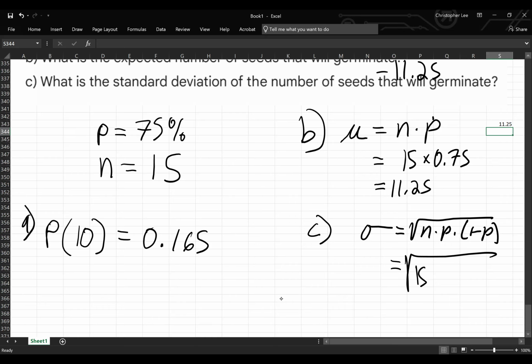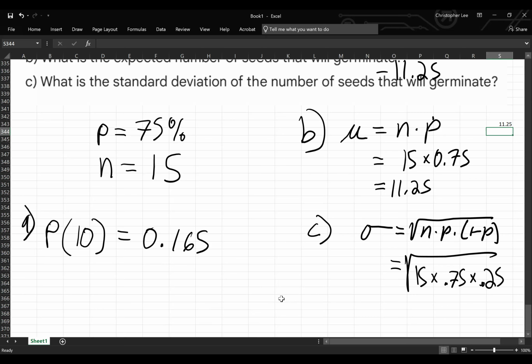Hold on. So 15 times. Sigma is the population standard deviation. All right, I'm confused. 15 times 0.75 times, well, where's the 0.25? That's 1 minus P, so 1 minus 0.75. N times P, parentheses, 1 minus P. Why did you pick 0.25?